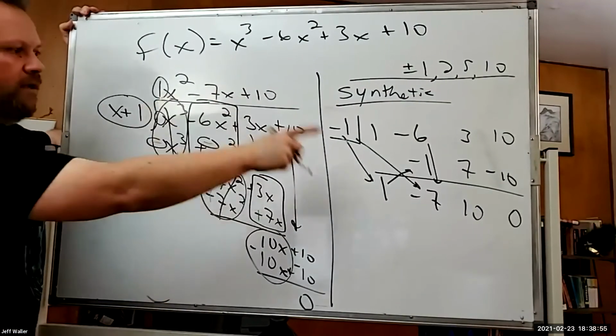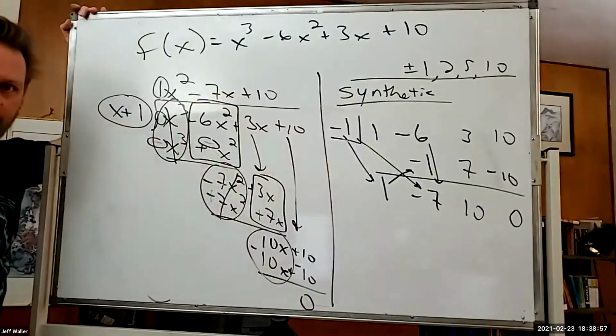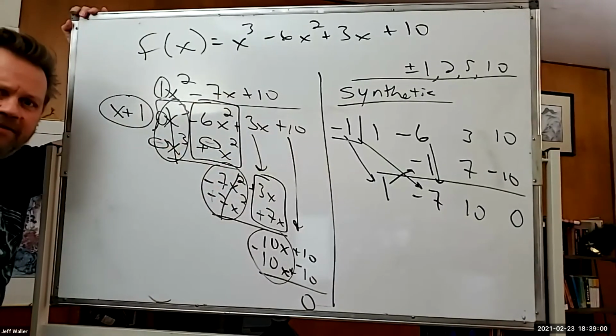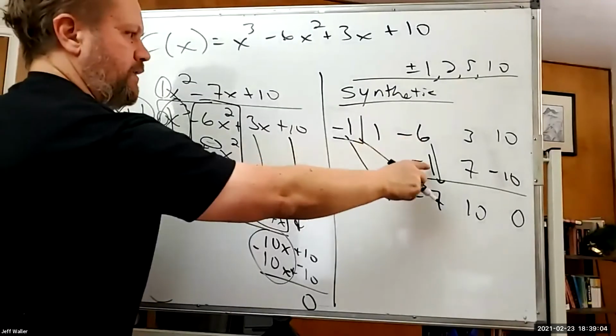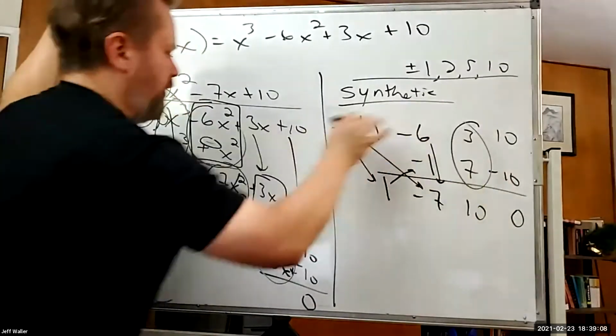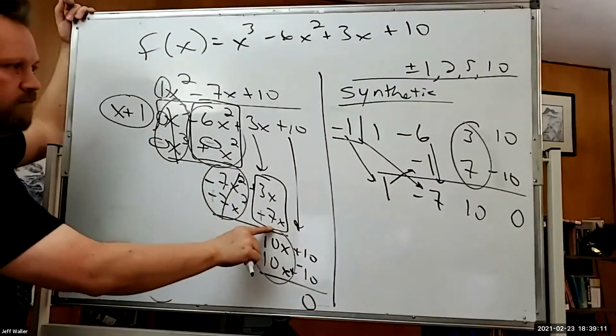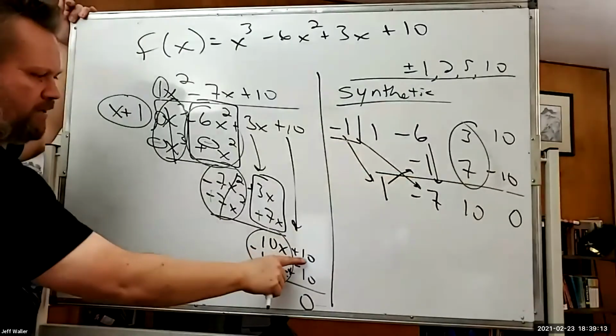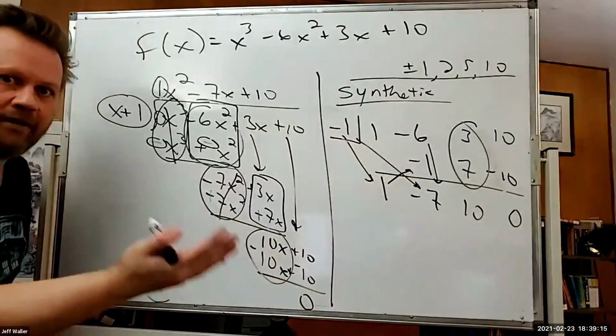I got a 1, and then a -7, and then a 10, right? Do you guys see that at all? No? So can you see -6, -1? That was the important piece. -6 minus 1, 3 and 7, 10 and -10. Those were the important parts.